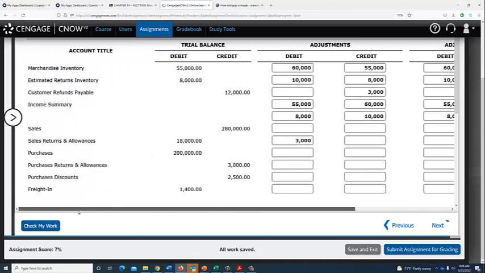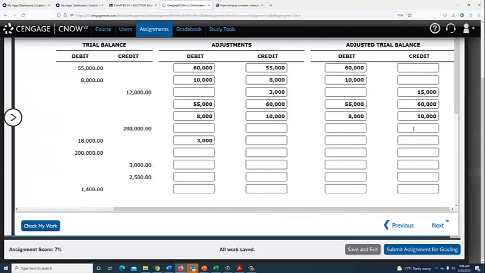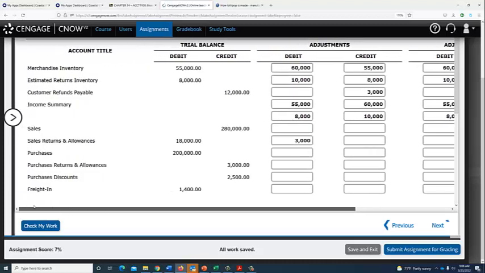Okay, we've got sales, which was not affected, so it was not adjusted. Let's see, sales returns and allowances was adjusted. It has a debit of $18,000, and then we're giving it another debit of $3,000.